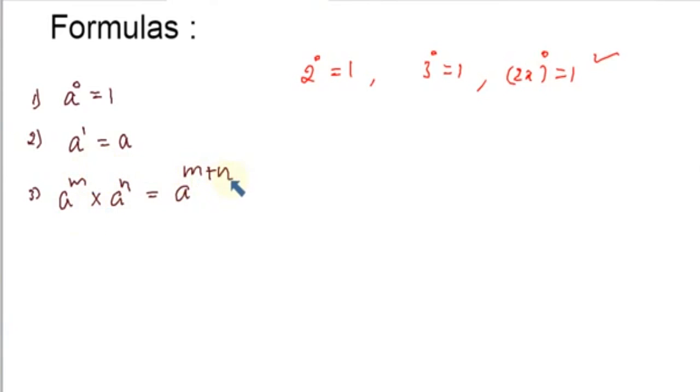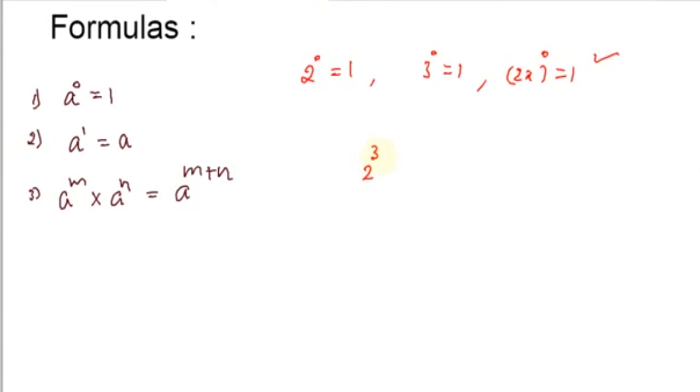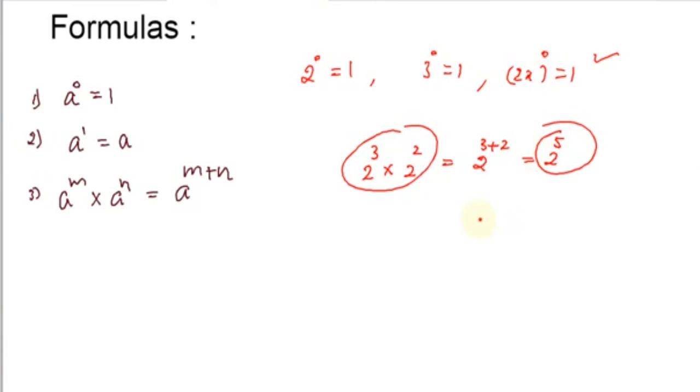I'll take one example for this third formula: 2 to the power 3 into 2 to the power 2. We can write 2 to the power 3 plus 2, that is 2 to the power 5. Both will give the same answer if you solve.